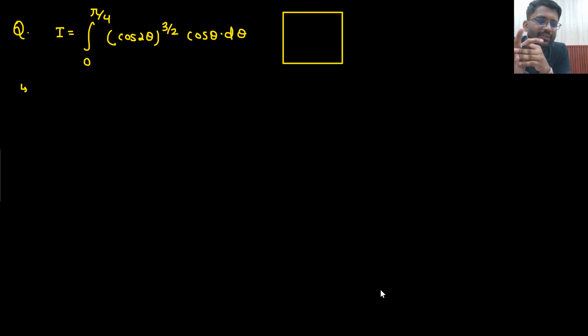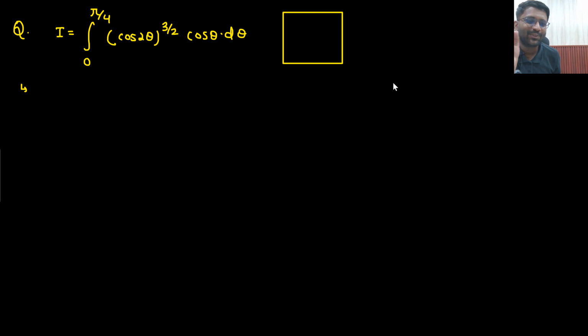Cos 2 theta, cos theta. First of all, I will think to convert into sinusoid or cosinusoid. One cos is already there, so I will think of sinusoid, so that I could make the form of sin to the power m theta, cos to the power n theta.